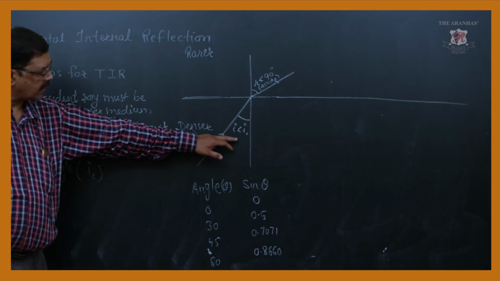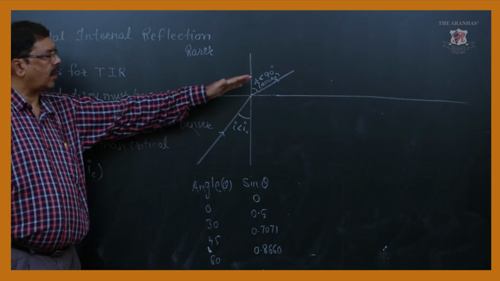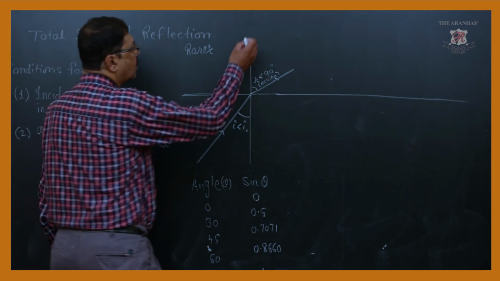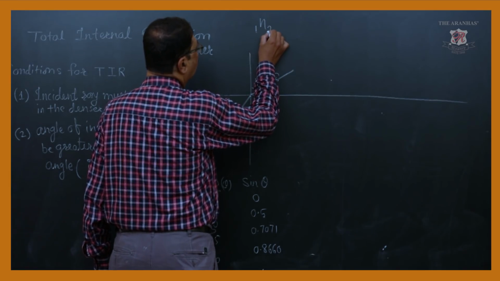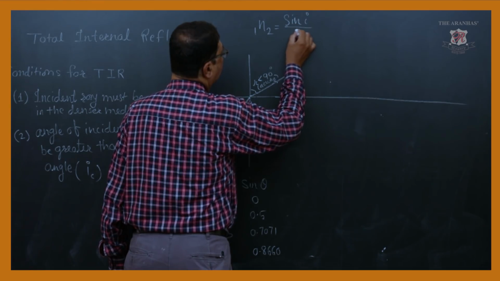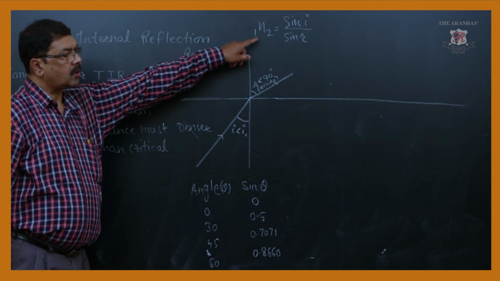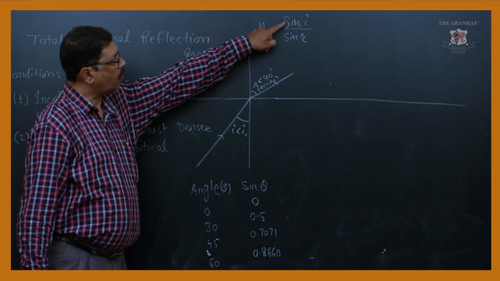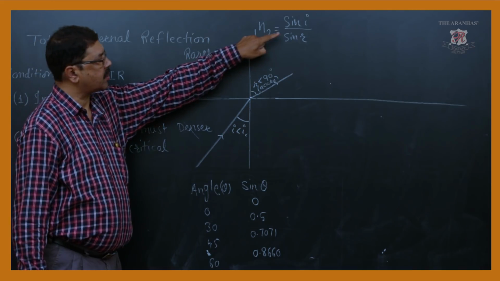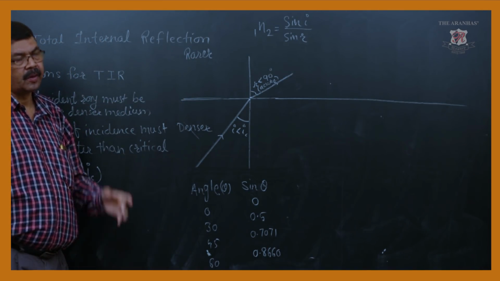Now, if I increase this angle, what has to happen to angle R? It should also increase, because 1 and 2 is sin I upon sin R. By Snell's law, this is constant. If you are increasing angle I, in order to keep this constant, R also has to increase.